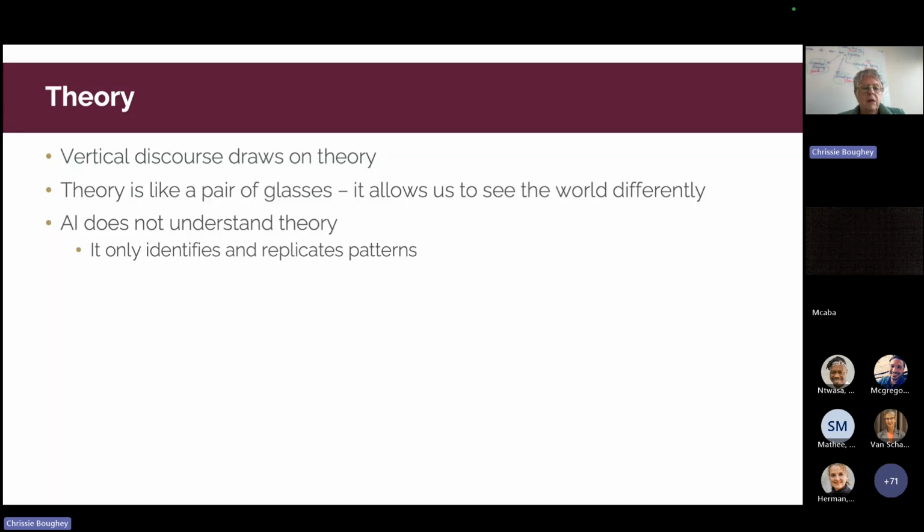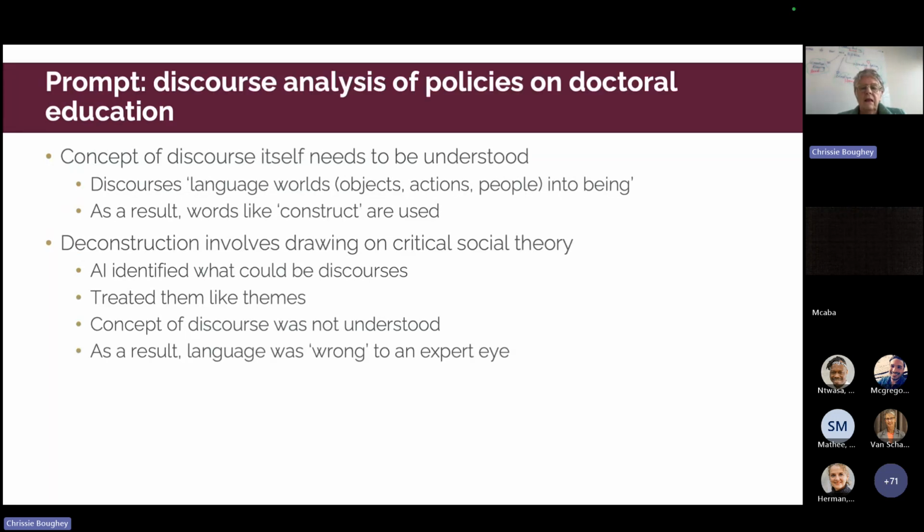And I had an example of this recently where I was working on a big piece of research which involved a discourse analysis of policies on doctoral education. And to do a discourse analysis, I think you need to understand the concept of discourses. So for me, discourses are sets of ideas that sort of hang together in language and other sign systems.